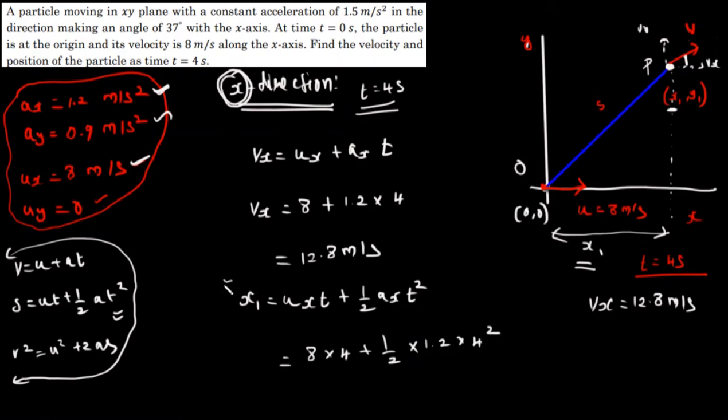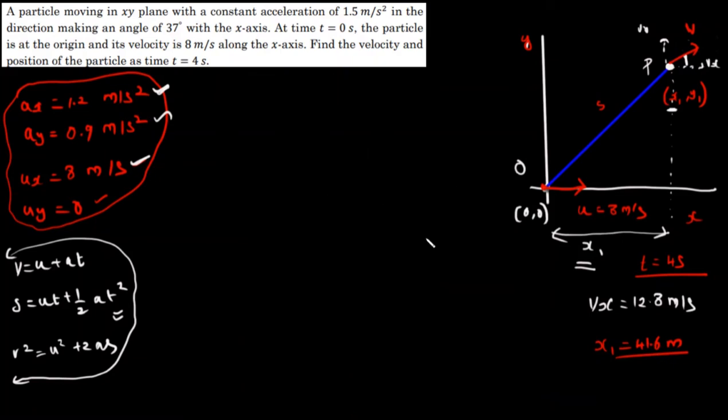Why am I taking x1? Because I'm finding only in the x direction. So what will be the final answer? X1 is going to be 41.6 meter. Just solve it, you will be getting it. Simple. So we solved the x direction and we got vx and x1.